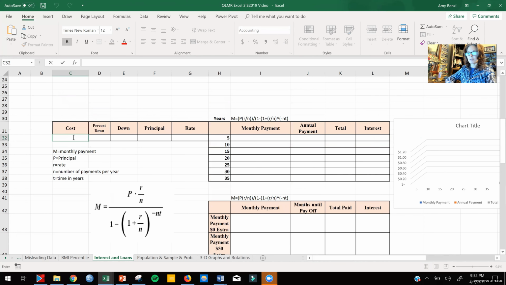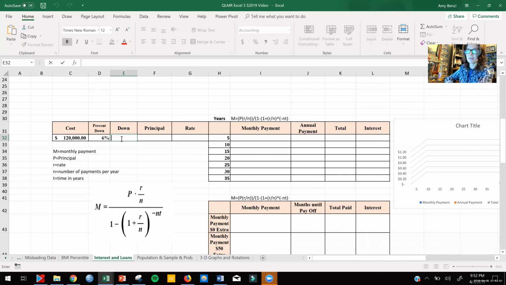The cost of my house was $120 grand. My down payment was, I think, 8%, but I'm going to use a 6% down payment. I've already got my things in a dollar and a percent, so you'll just do that too.